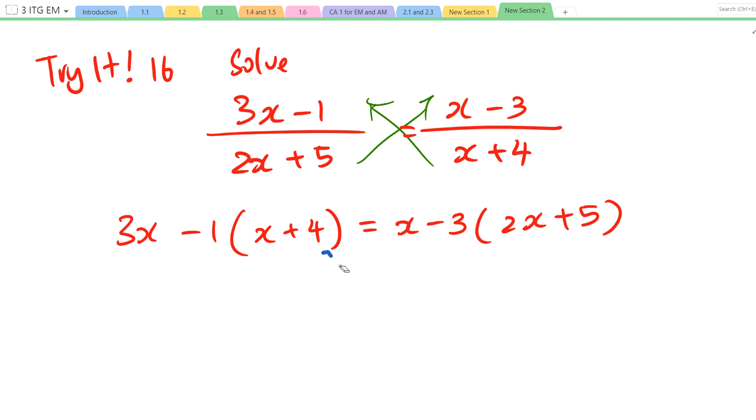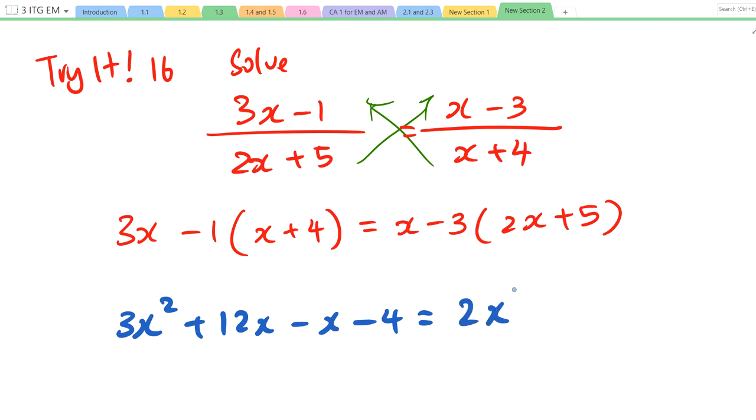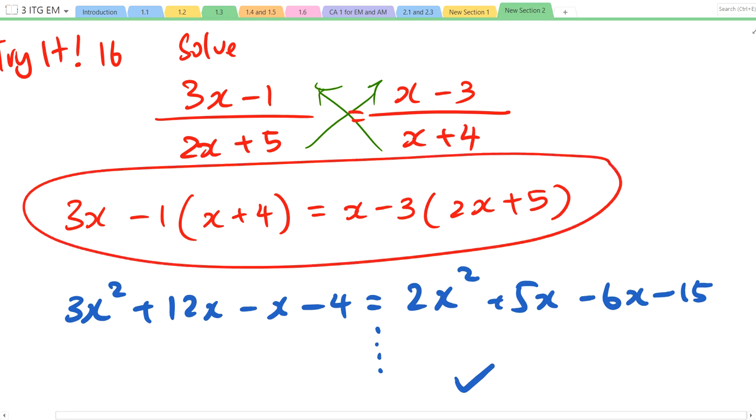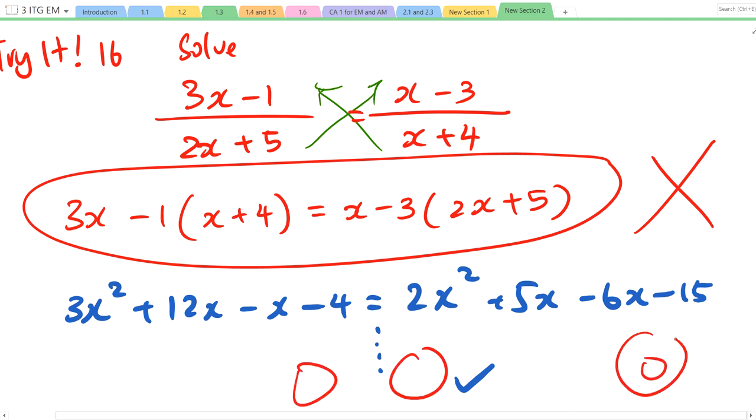They leave it as the working over here, and then they have 3x squared plus 12x minus 4 equals to 2x squared plus 5x minus 6x minus 15. They continue and they get the correct answers. Then Mr. Wong comes and, oh, this one is wrong. Since you don't get your method mark, your answer mark, 0, even though they are correct.